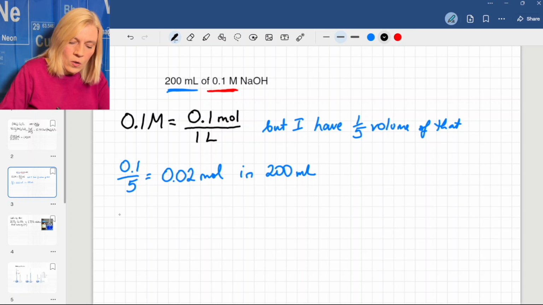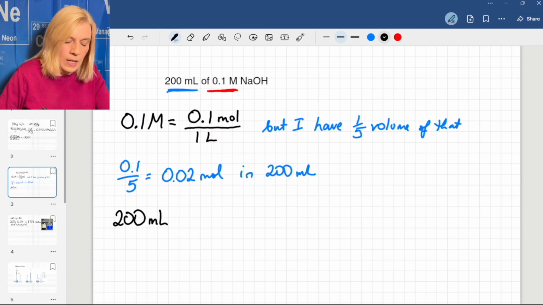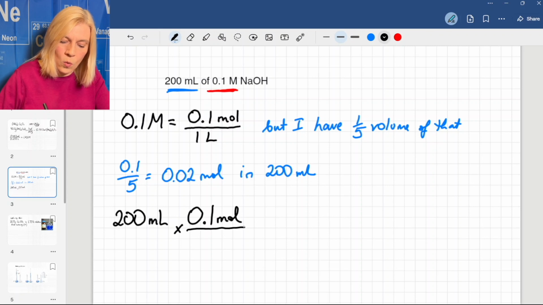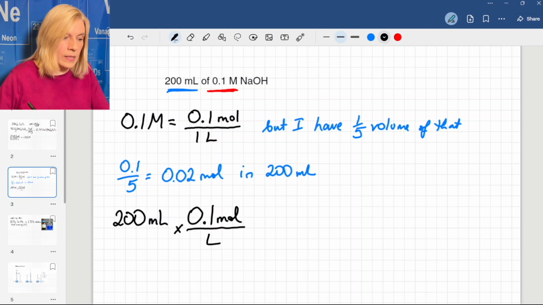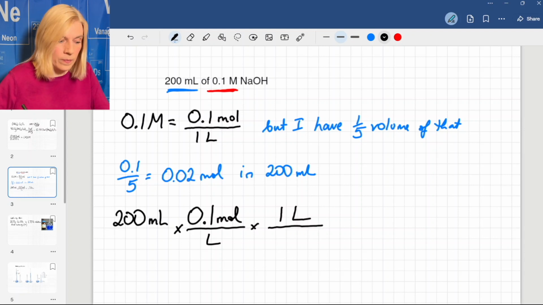So let's start here. We have 200 milliliters times 0.1 moles per 1 liter, and I need to cancel out my liters. So I'm going to say 1 liter is 1,000 milliliters.